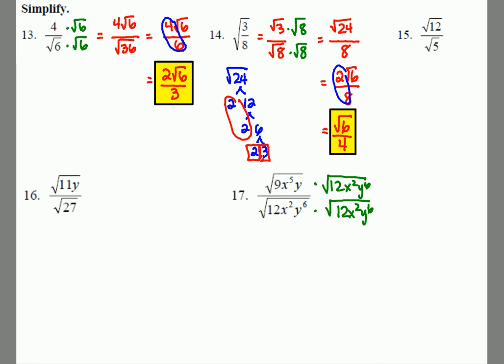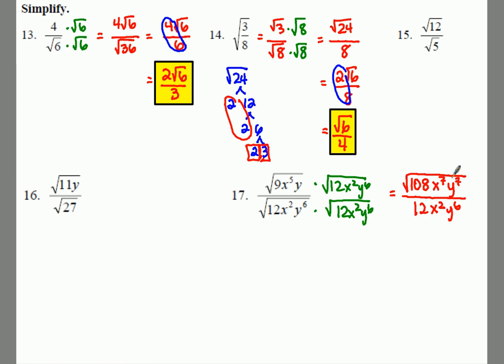So when we multiply these across, 9 times 12 is going to give you a 108. Now your x's, you add those. So 5 and 2 is a 7. 1 and 6 is a 7. So since we have odd exponents, we're going to have a remainder. On the bottom, we just end up with a 12 x squared y to the 6th.